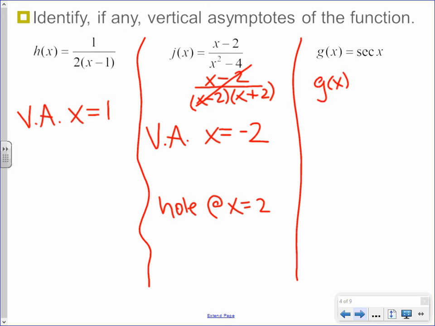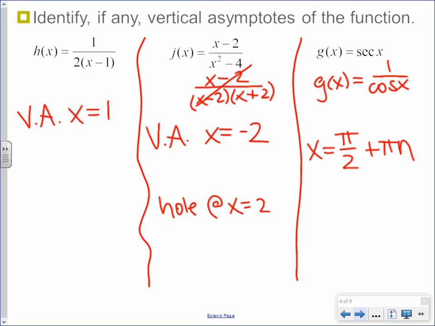If we think of the reciprocal function, technically we have a fraction here. Wherever our denominator is 0, we have vertical asymptotes. So the secant graph does have asymptotes at pi over 2 and every pi interval. At pi over 2 and 3 pi over 2 in one rotation of the unit circle, secant is undefined, and then we can just keep going.